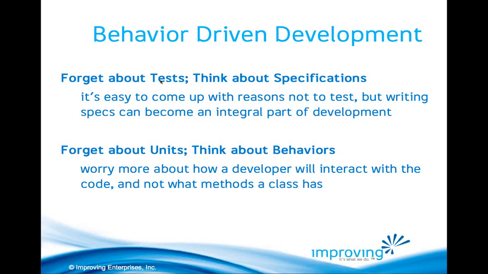It's about this is my scaffolding, and then I'm going to go build it from the inside out from there. And I'm no longer worried about units, which we've defined as methods before. I'm thinking more about behaviors. I'm going to worry more about how a developer will interact with the code, or what type of value we're getting back from the overall application, rather than what methods and what classes I have. So that's the essence of BDD.